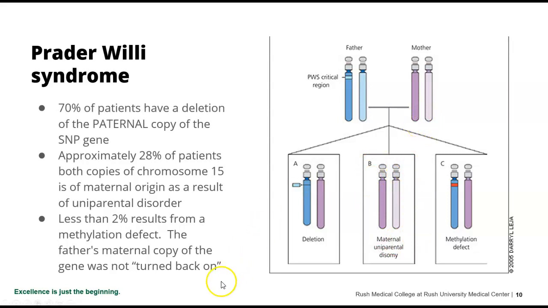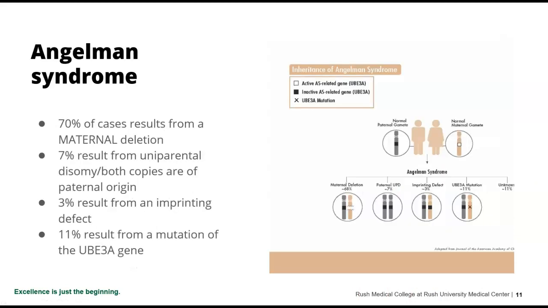And then about 2% of cases, what if dad's mom's copy he can't turn back on? So he has to turn his mom's copy back on. What if that gene doesn't work? About 2% are methylation defects. And if this is the case, there's a 50% recurrence risk. But fortunately, it's a very, very rare cause of Prader-Willi syndrome.